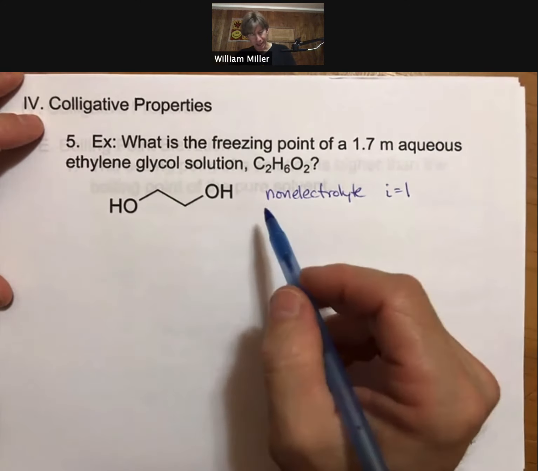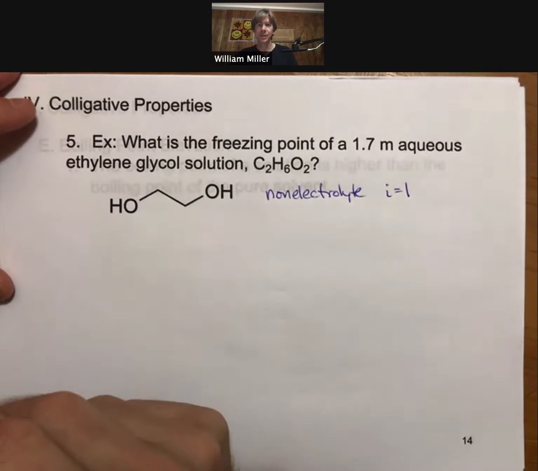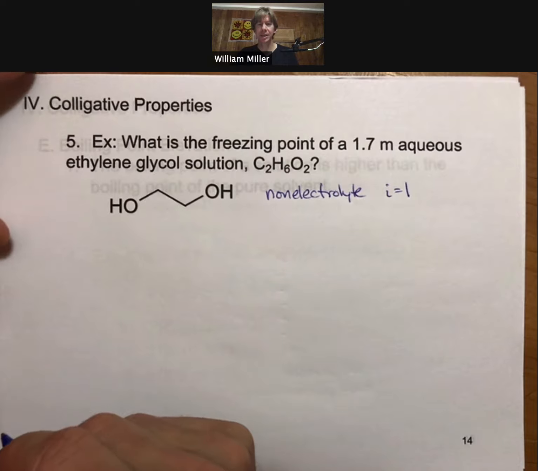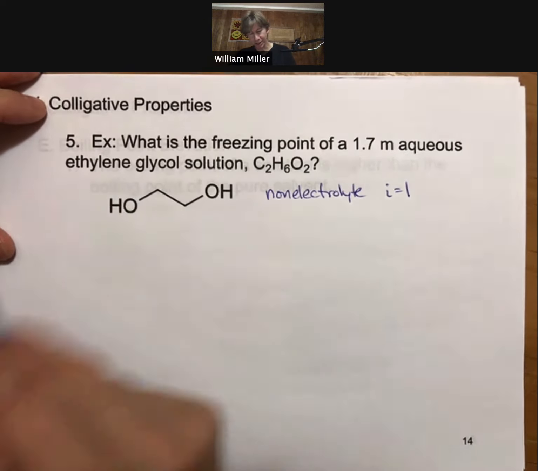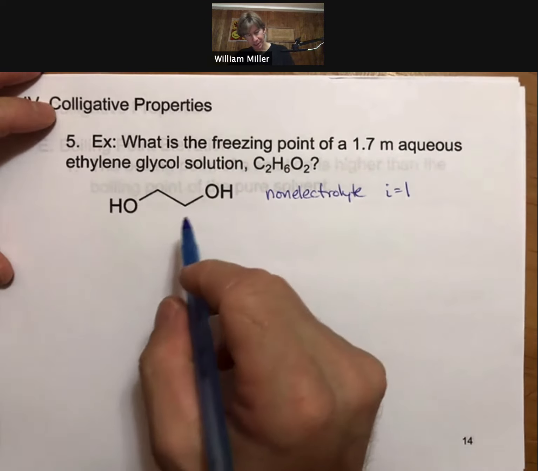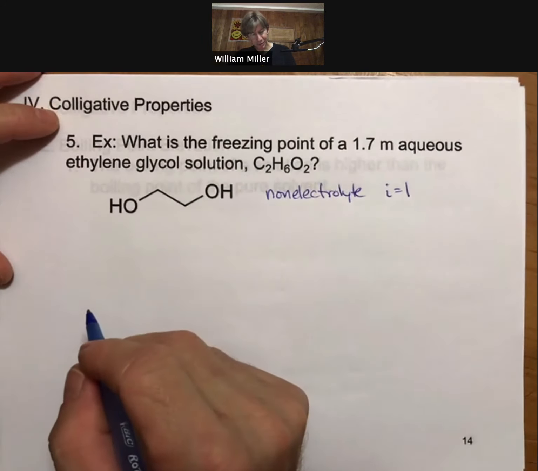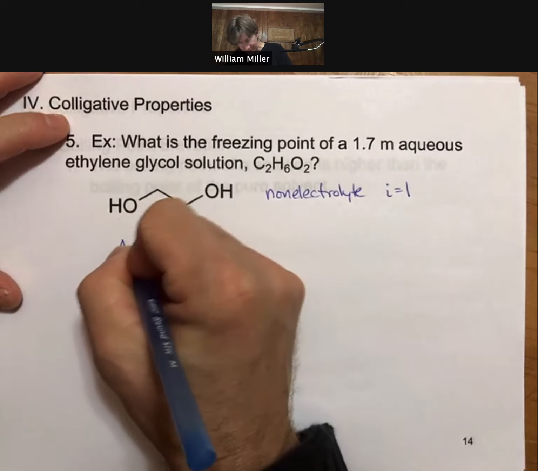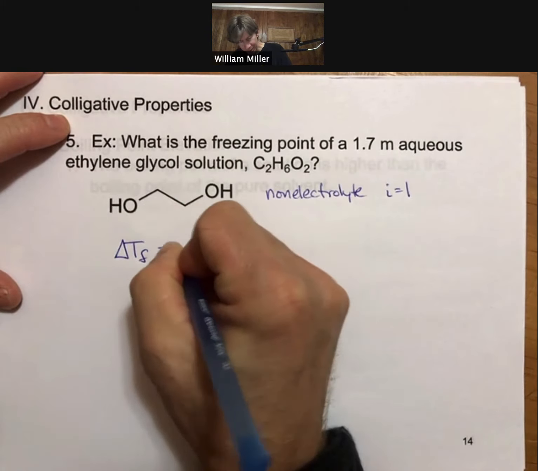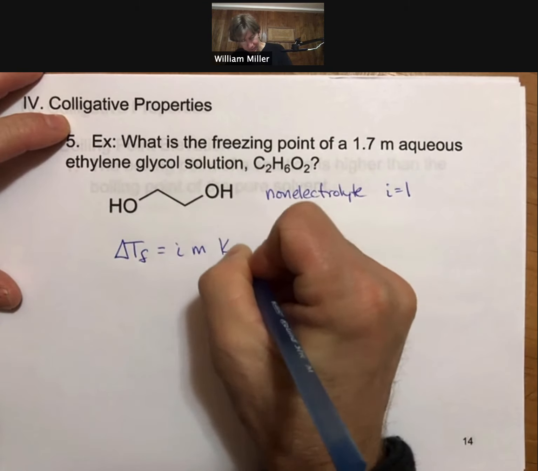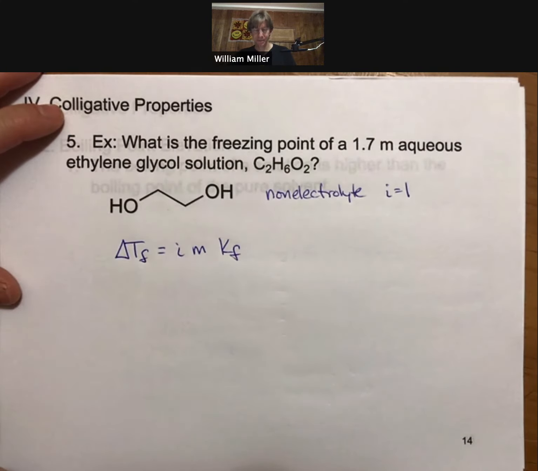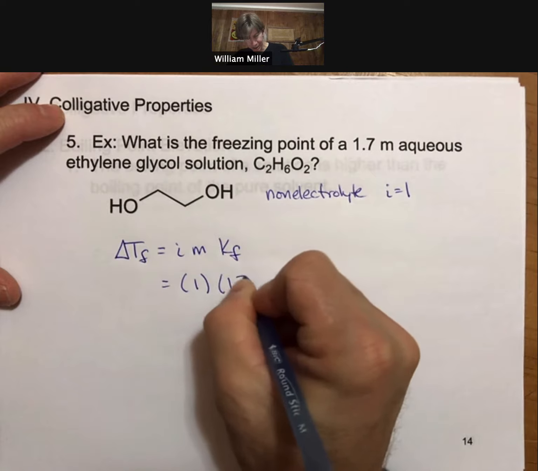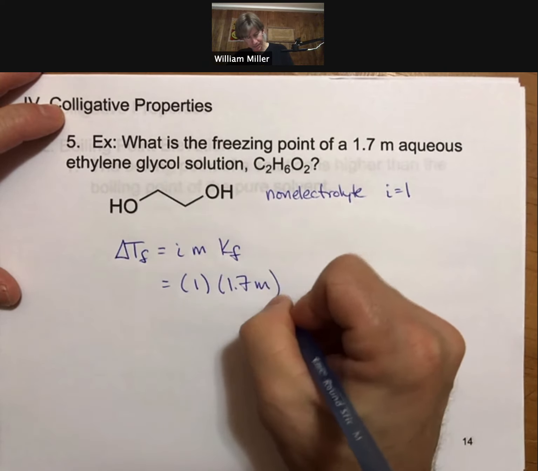And ethylene glycol and propylene glycol are two of the substances that are used in antifreeze. So ethylene glycol being one of them. And we're trying to figure out what is the freezing point depression. Let's see, ΔTf equals i m Kf. We said i equals 1. My molality is 1.7 molal.